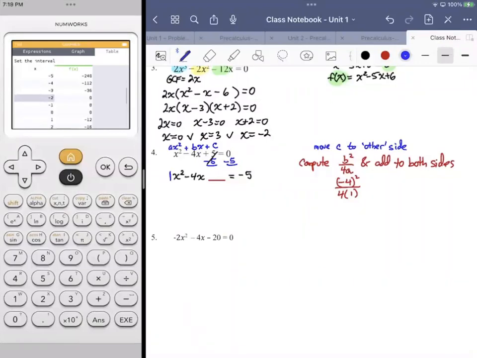So then simplify: -4 squared is 16, over 4 is 4. That number gets added to both sides. Factor the left-hand side. Simplify the right-hand side.